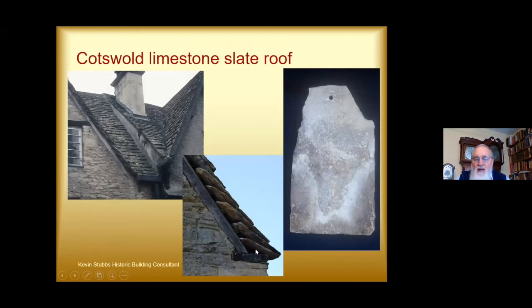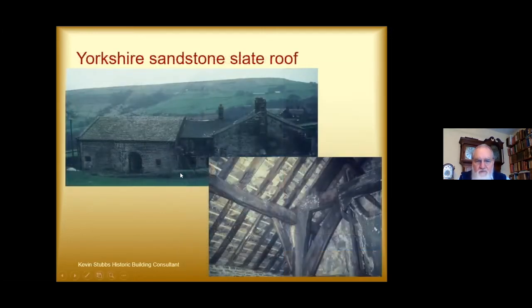It depends on the amount of windage you've got on the roof. And you can see the way the water works through the roof system by the staining here, trickling off the slates above. Again, they are traditionally single fixed with a peg, and they're quite weighty on the roofs.